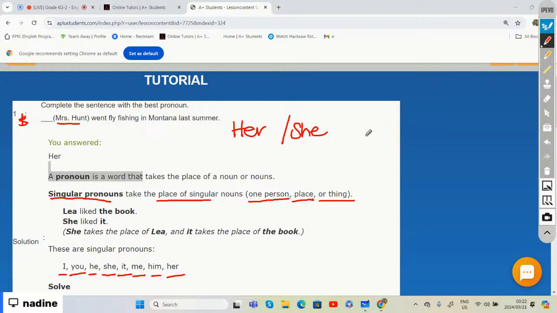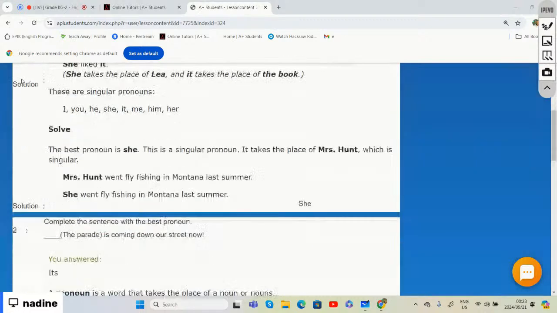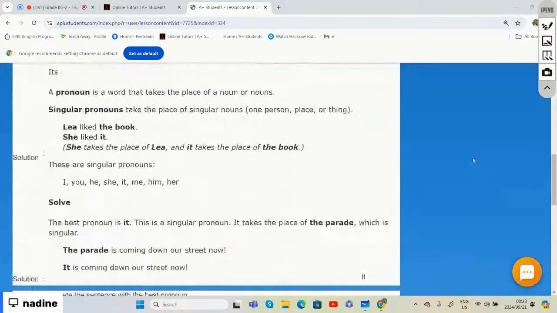And if we were to choose the correct pronoun to replace Mrs. Hunt, we're going to say she went fly fishing in Montana last summer, right? So she is our pronoun that replaces the noun, which is Mrs. Hunt, right?